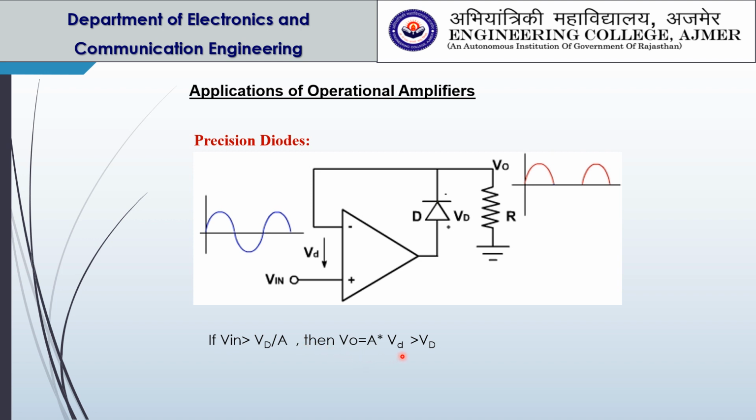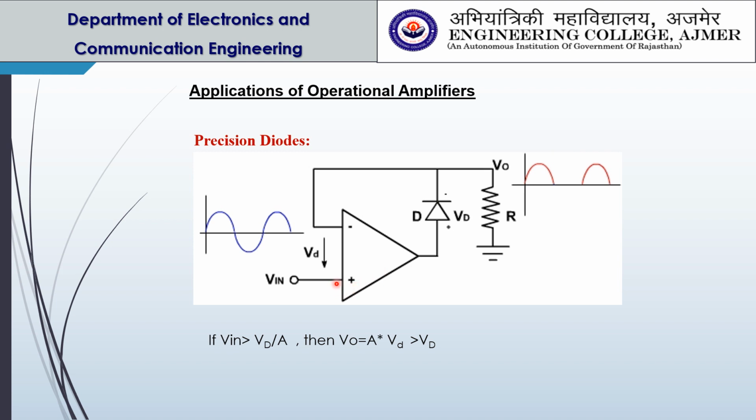Here small vd is the differential input to the operational amplifier, and if this output is greater than the cut-in voltage or threshold voltage of the diode, then this diode will conduct and we will get a voltage follower circuit. And because of the virtual connection between the two inputs, V output is Vin minus Vd.